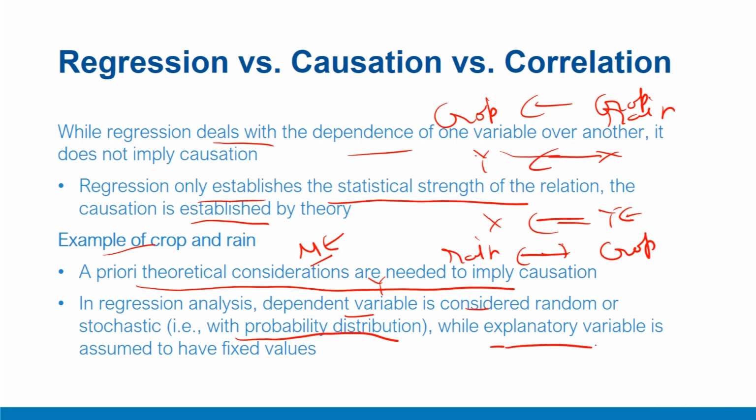In contrast, the explanatory variable, which is x, is assumed to have fixed values. That means it is considered to be coming from outside, while y is part of this model and therefore it is random in nature. So the x values are fixed and taken from outside in the model.